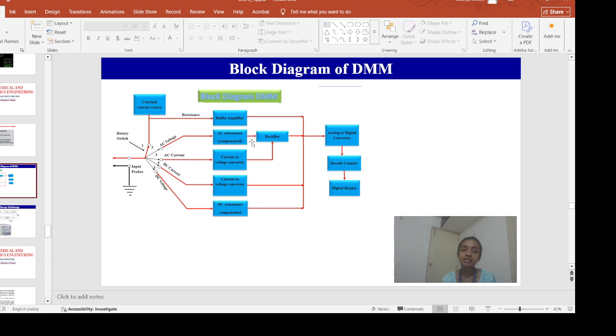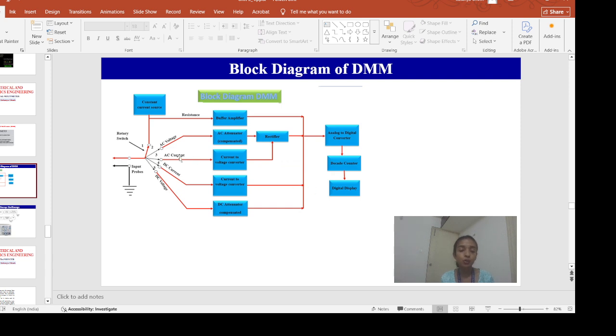It is still an AC signal at the output of the attenuator. Now I need to convert that AC voltage to DC voltage. This full line is my DC. Through the rectifier, I can convert the AC voltage to DC voltage, and that will be given to the ADC, which will create the digital pulses. The counter will count the pulses and it will be shown on the display.